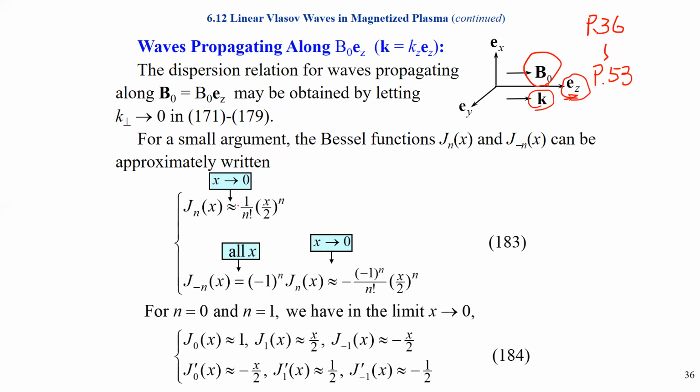So the perpendicular component will be 0. For a small argument of the Bessel function, the argument x is very small, and we can write it into this form.